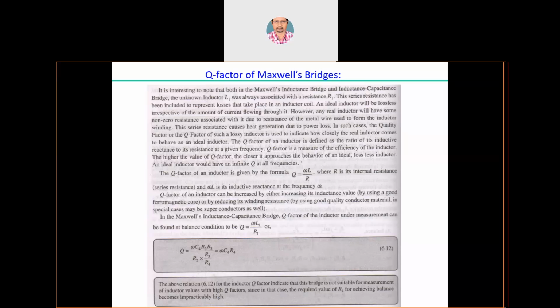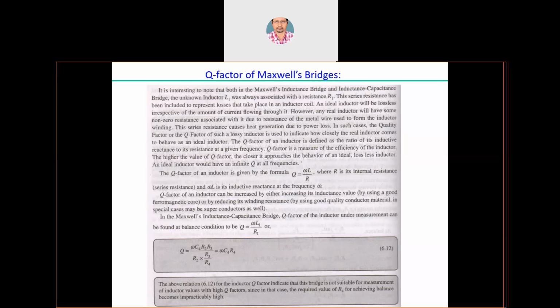shows that the bridge is not very suitable for the measurement of a high Q factor, because for a high Q factor, remember that your supply frequency ideally should be constant. Your omega of the circuitry should be constant. C4 is an element whose value is constant. So what else do you have? Variable resistance.